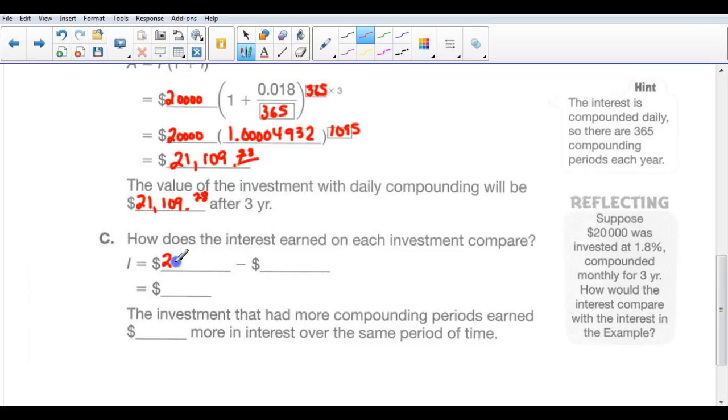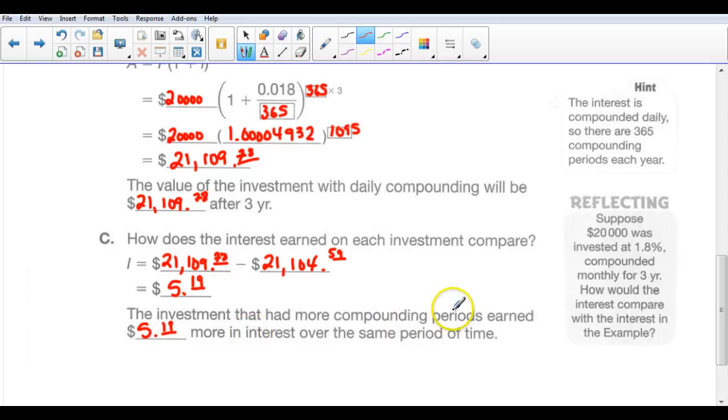Well, we have $21,109.78. We're going to subtract the smaller one, which is $21,104.59. And that gives a difference of $5.19. So the investment that had more compounding periods earned $5.19 more in interest over the same period.